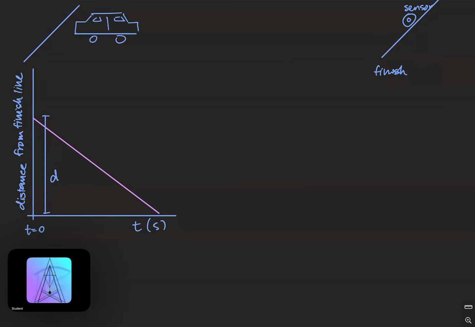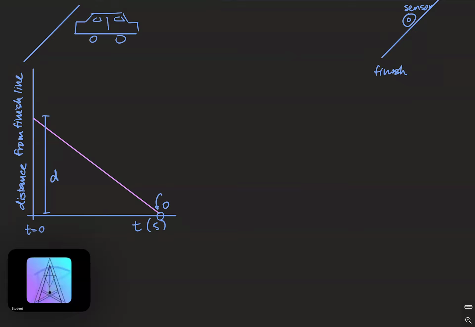It's some distance d away when the sensor starts recording data, right? And then what happens over time? It starts going down, and at the end, the sensor says that the distance from the finish line of the car is 0. So right here, it's 0.